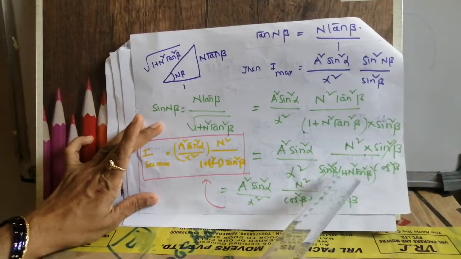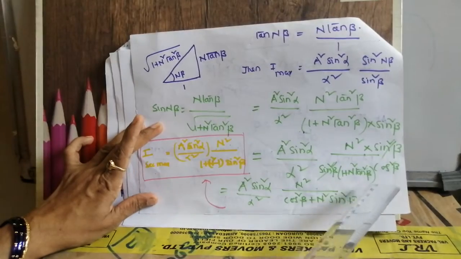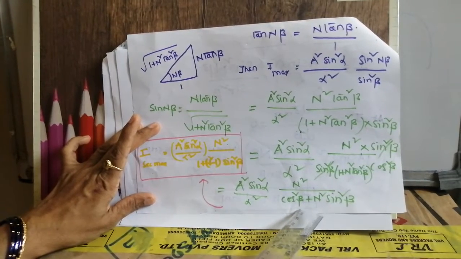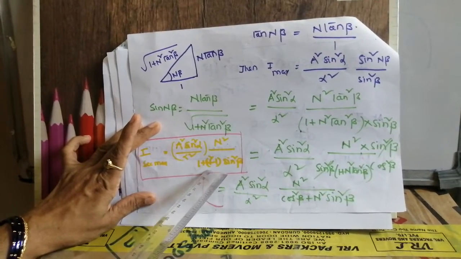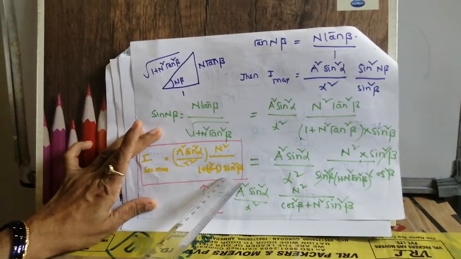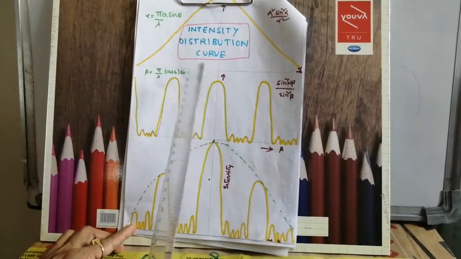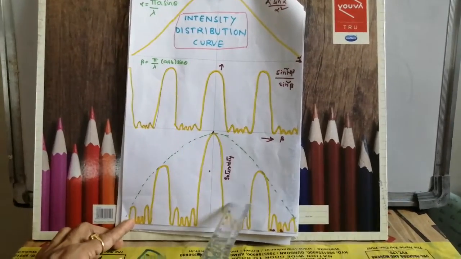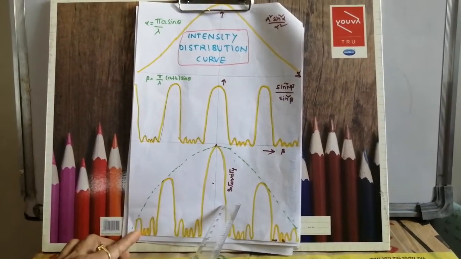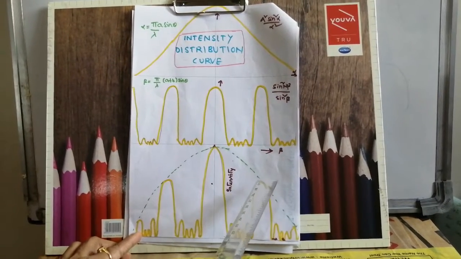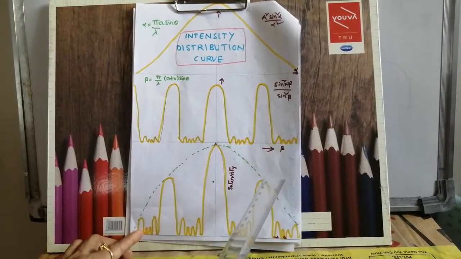These sin square beta will get cancelled. I am writing in the place of cos square beta, 1 minus sin square beta. Finally we will get 1 plus n square minus 1 sin square beta. Okay. So the final intensity is nothing but A square sin square alpha by alpha square times sin square n beta by sin square beta.